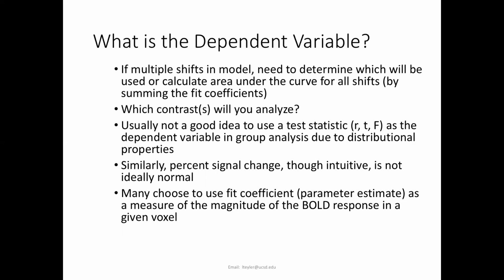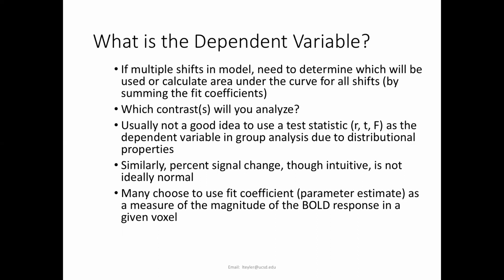Your goal is to get a single number in each voxel for that particular condition. That number may be a beta weight from a GLM where you had a block that was on versus off, or houses versus neutral, or faces versus houses, or whatever the contrast is.